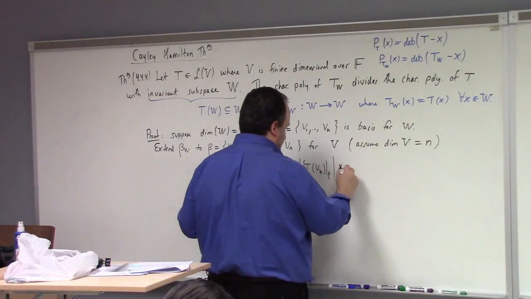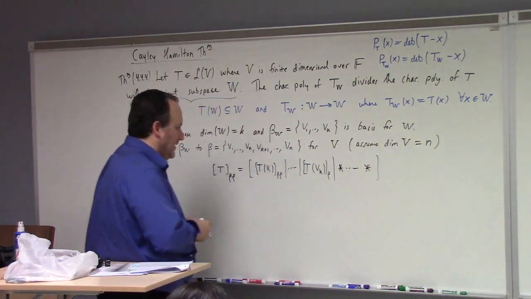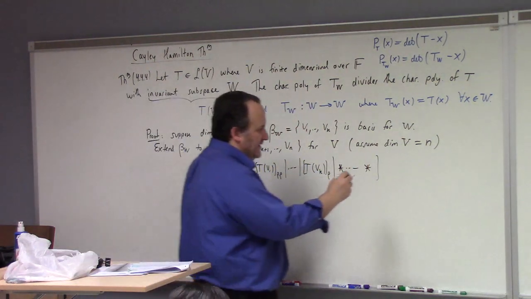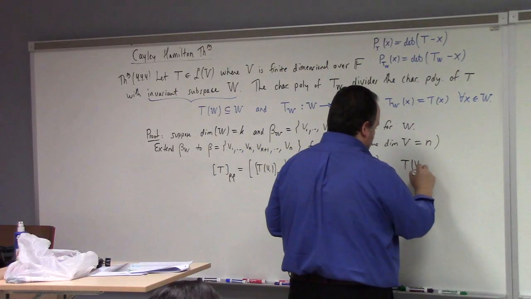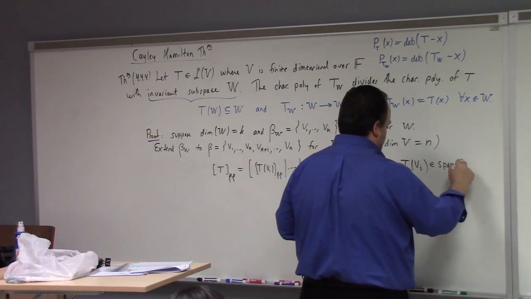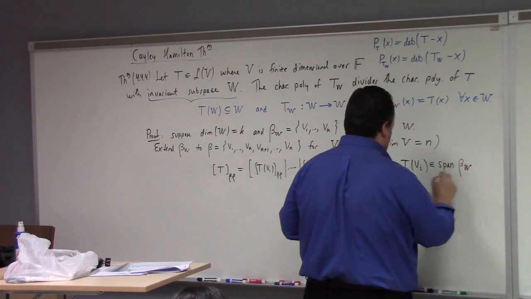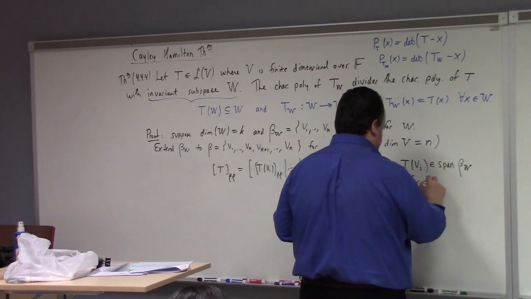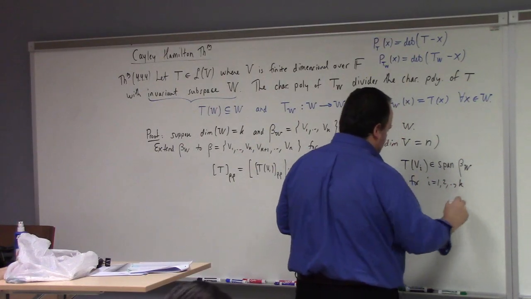I don't care past that point. All right. The thing is, T of vi is an element of the span of beta sub W, for i equals 1, 2, through k, right?